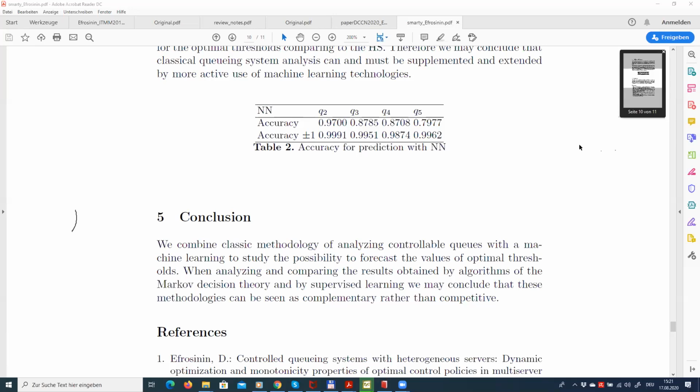The problem is that the policy iteration algorithm converges not for all possible values of system parameters. For example, on the boundary area, if we have heavy traffic, or in some special cases, I have also found that for some special parameters, it doesn't converge or converges very, very slowly.